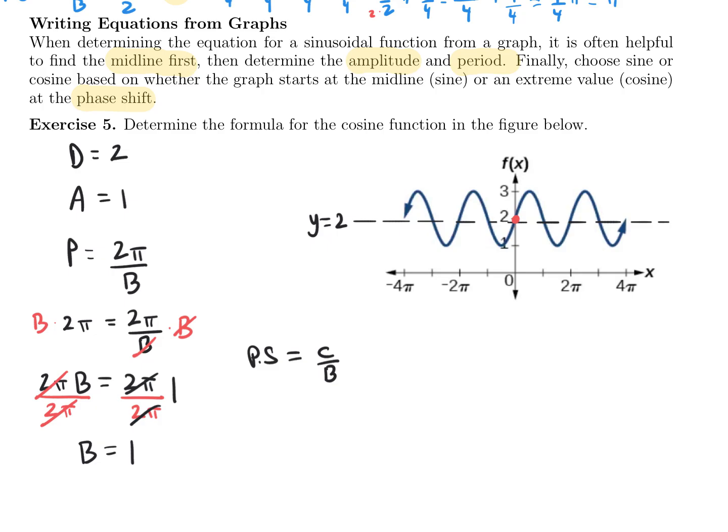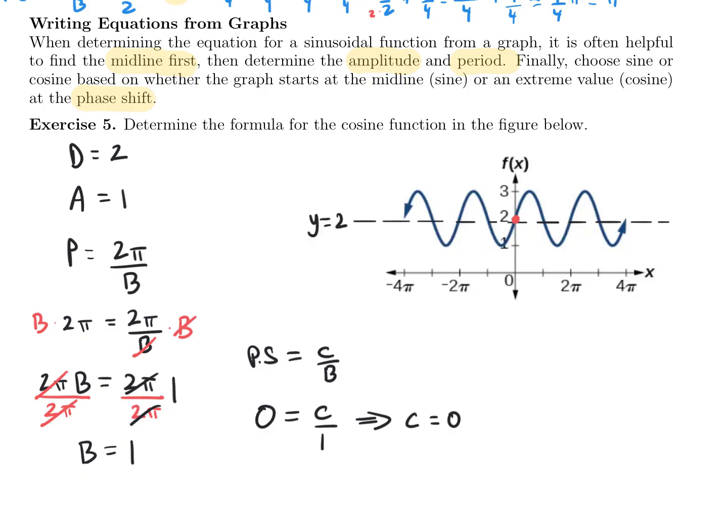So that means that the phase shift is 0. So if phase shift is 0, that's PS is equal to 0, c over b. But we know that b is already 1, so we can replace the b with a 1, and that tells you that c is simply 0. Because if you multiply, the 1 doesn't make a difference, so that just means that c equals 0.